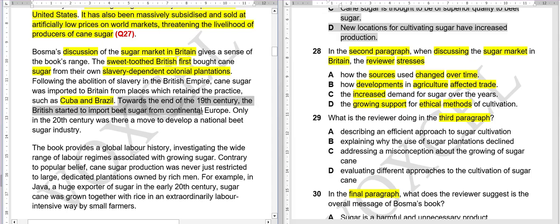Only in the 20th century was there a move to develop a national beet sugar industry. So by the 20th century, they started to make their own sugar. There was a move to develop a national beet sugar industry so that they could manufacture their own sugar. I hope it is clear. So you know the drill. You will have around 10 seconds to tell me the answer to question number 28, whether it's A, B, C, or D, and the time starts now.